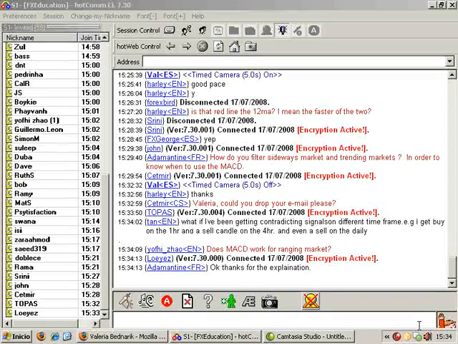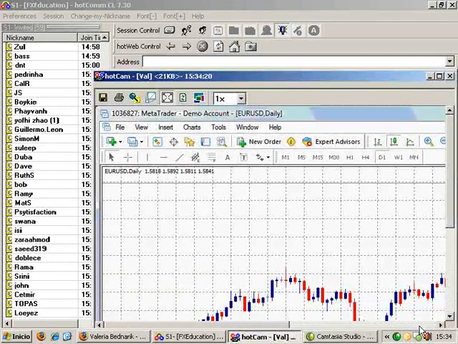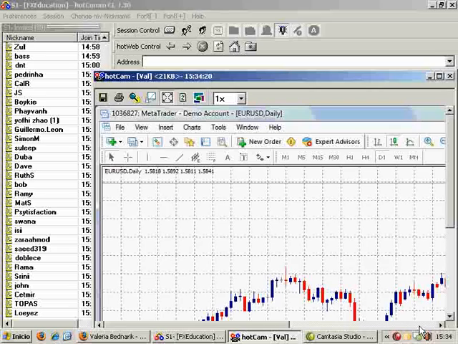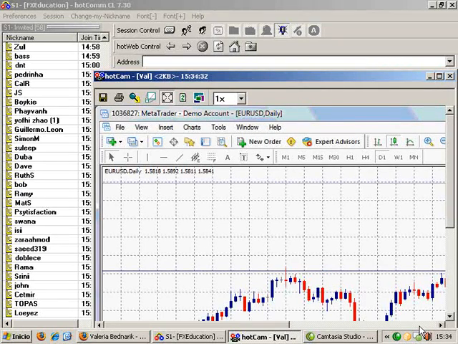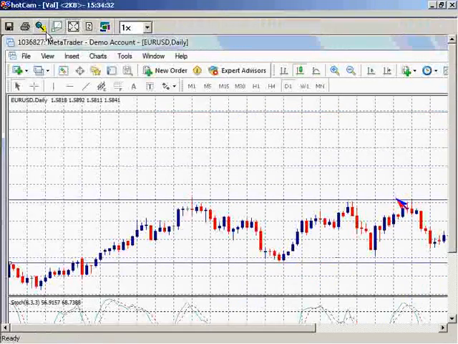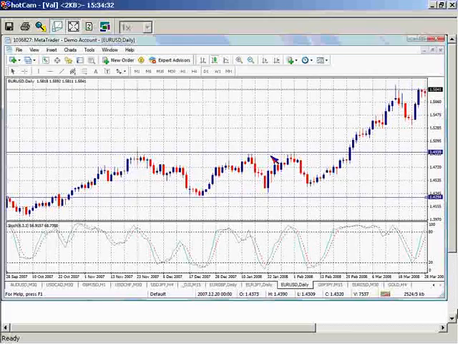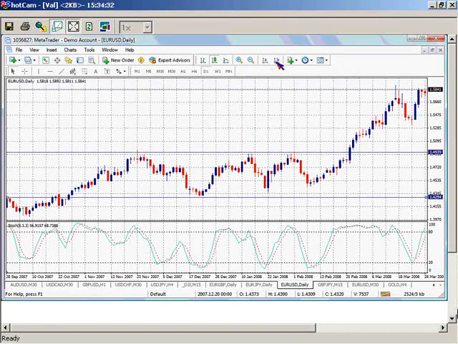Let's see if we have an example here. Okay, this is a daily chart, see? But see how the price spends a lot of time moving between, oh, I went too far away, okay? Between these two bands, that's what we call a sideways market. Of course, this is too far away. I didn't want to move that far.